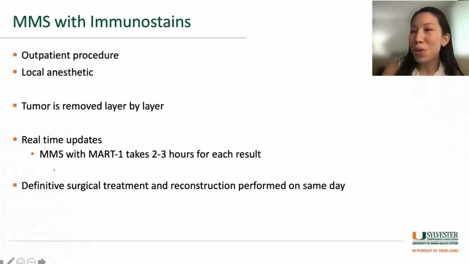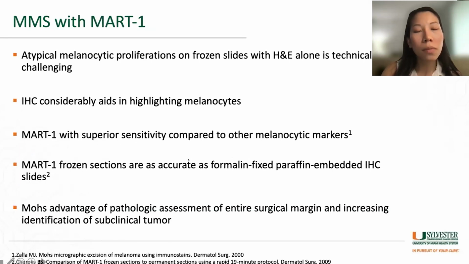However, for those who have had Mohs surgery before, this differs from conventional Mohs because each cut takes 2 to 3 hours to get a result because of the special processing it takes to highlight the melanoma cells. The benefit here is that we have the definitive surgical treatment and reconstruction that can be performed on the same day.